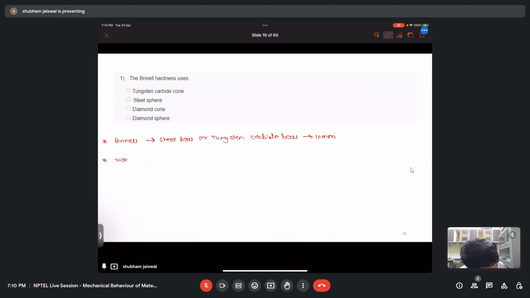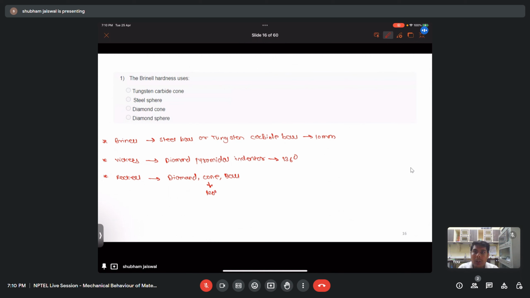In Vickers we use a diamond pyramidal indenter, and the angle of it will be 136. And in Rockwell we use a diamond cone, or we can use a ball as well, and the angle of the cone will be 120 degrees.